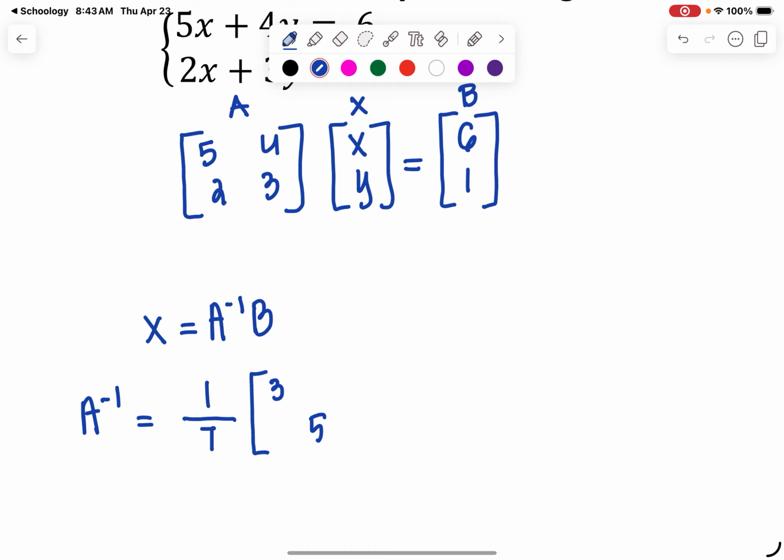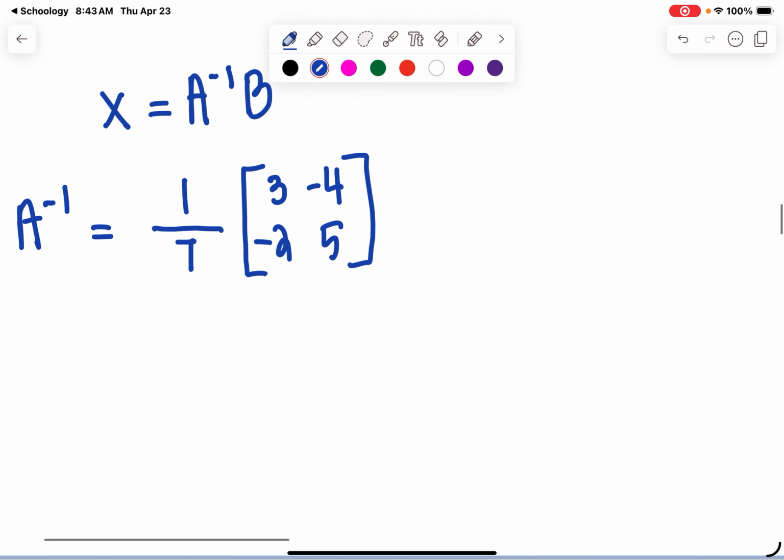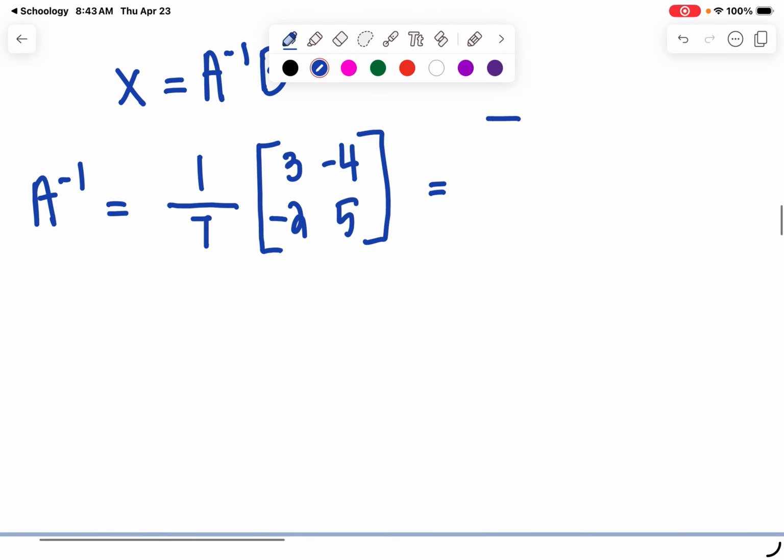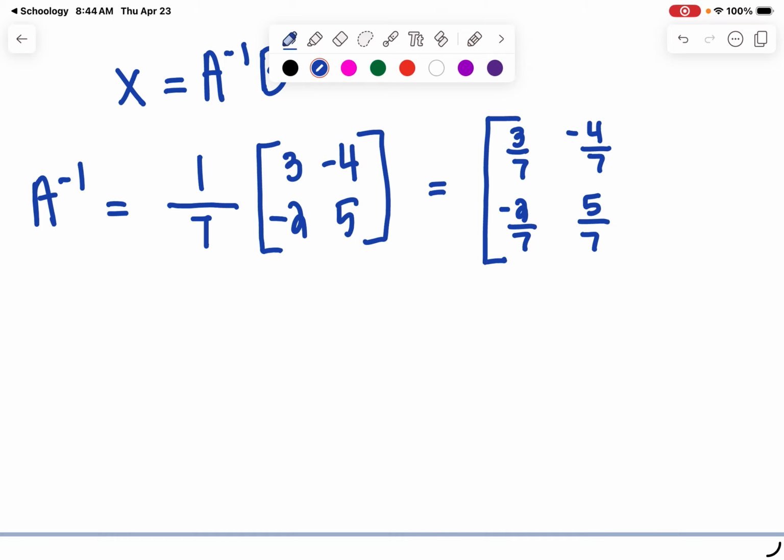And then we're going to take the opposites of the other two: -4, -2. All right, multiply all of those by 1/7, and we get 3/7, -4/7, -2/7, 5/7. So not the prettiest inverse, but hey, it'll be fine, okay?